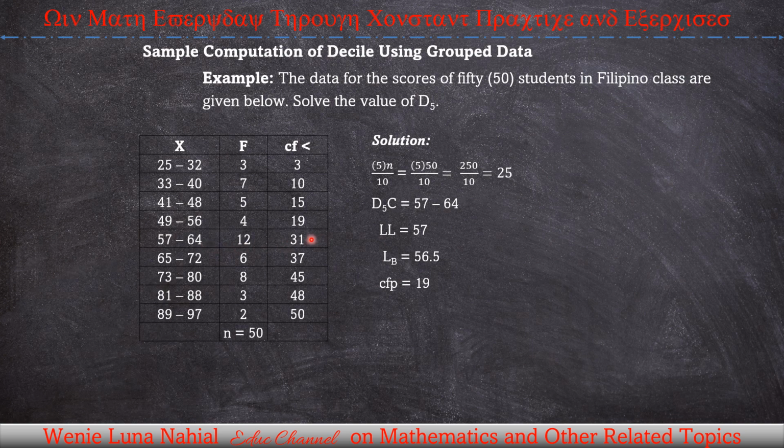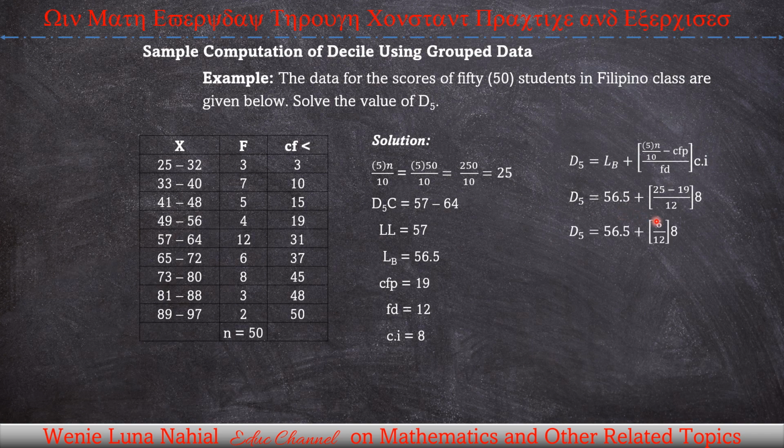The cumulative frequency before the decile class is 19. Then our frequency of the decile class is 12. The class interval is 8. So again, you do the substitution. Just substitute, then do the calculation. You get 60.5.